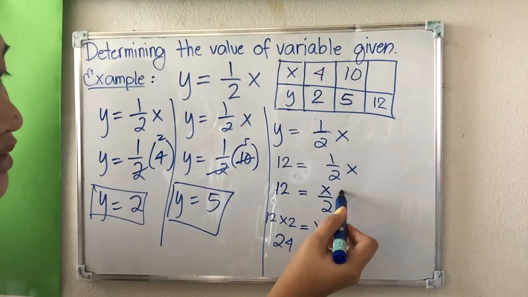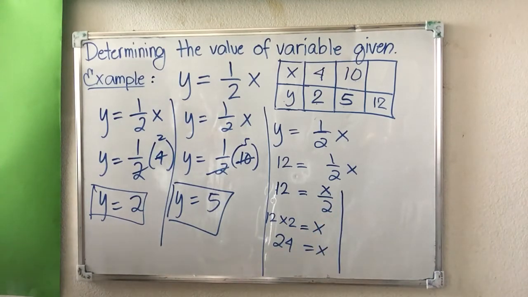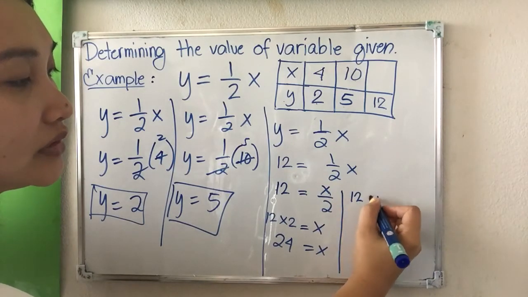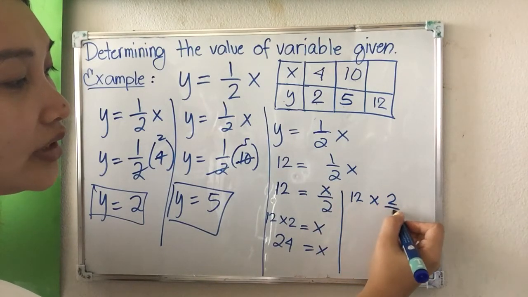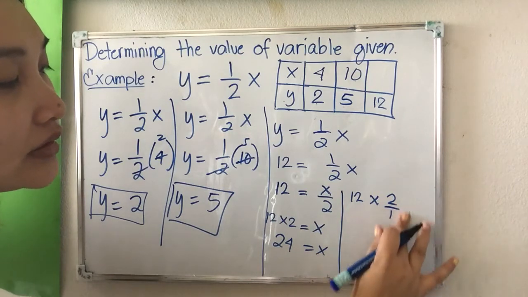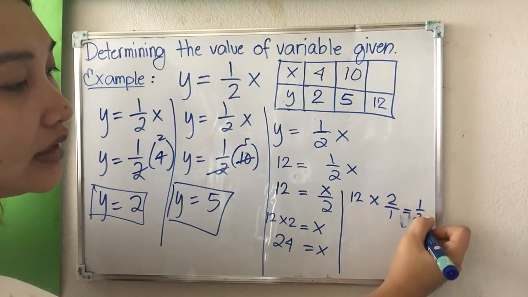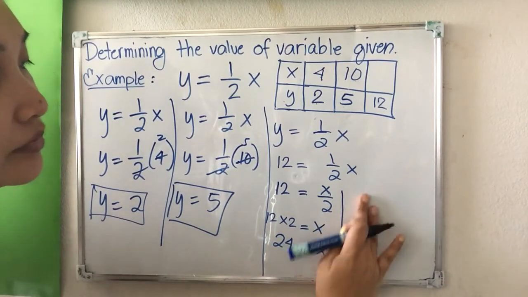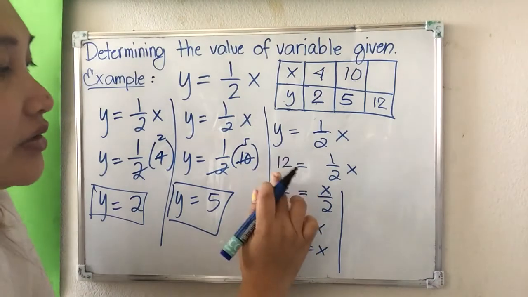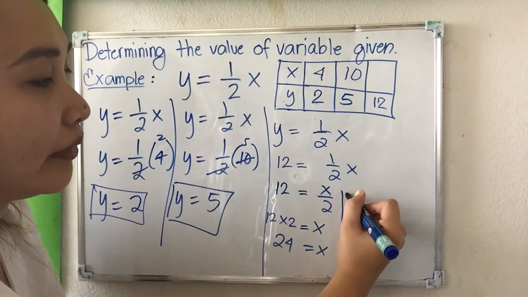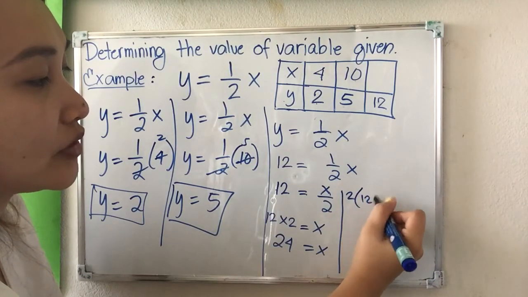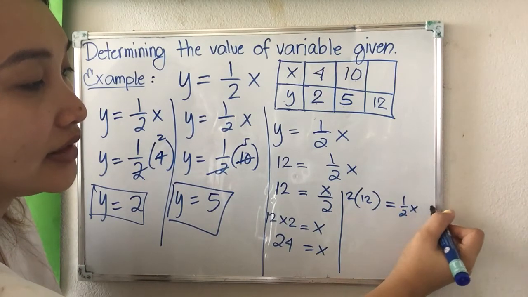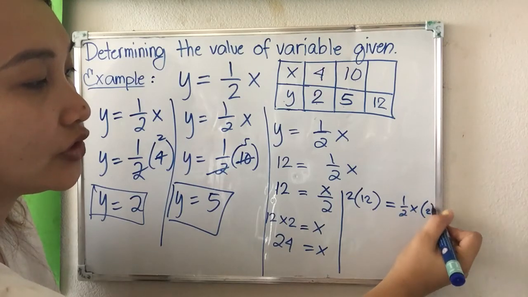Or you can also do the same process. Here we have 12 is equal to 1/2 x. So again, 2 times 12 is equal to 1/2 x times 2.